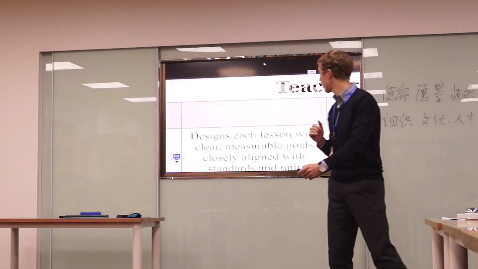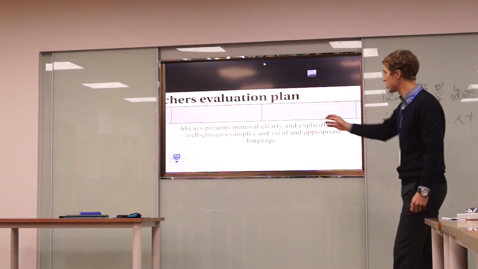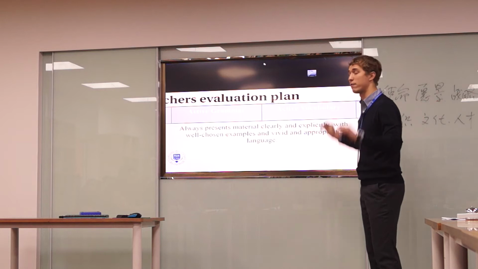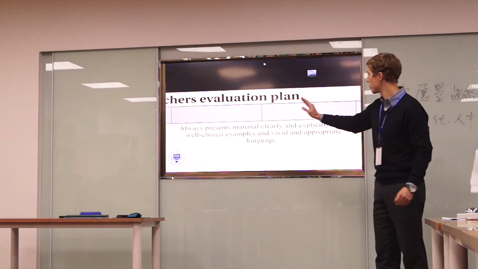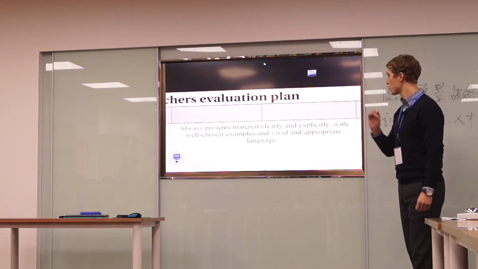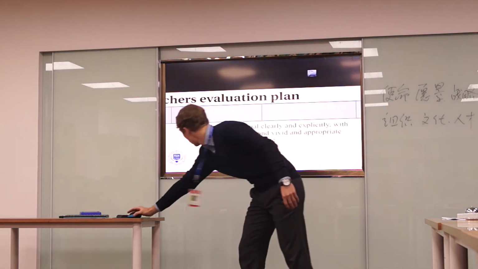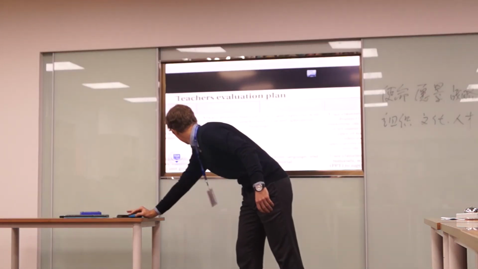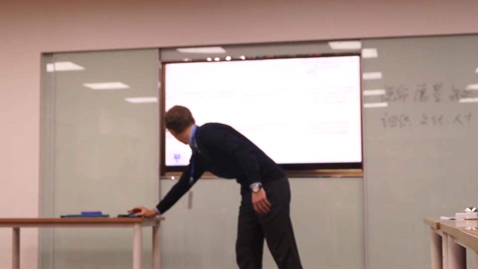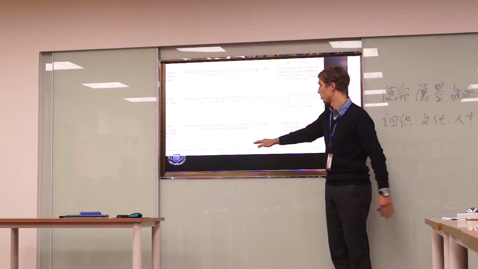Let's talk a little bit about another criteria, active grammar and active vocabulary. Now this is the description of the highly effective teacher. Always presents materials clearly and explicitly, with well-chosen examples and an appropriate language. Well, this is highly effective. Let's scroll down to the bottom level. Does not meet the standard.